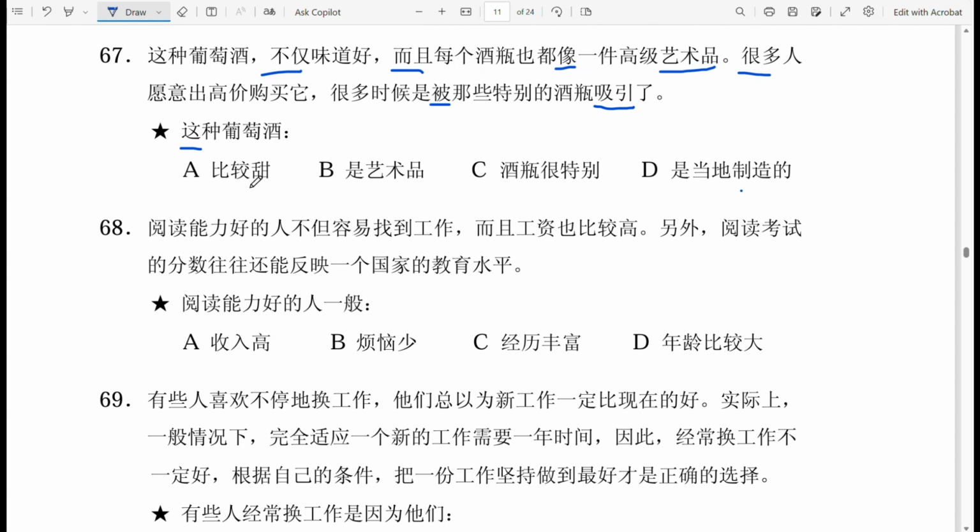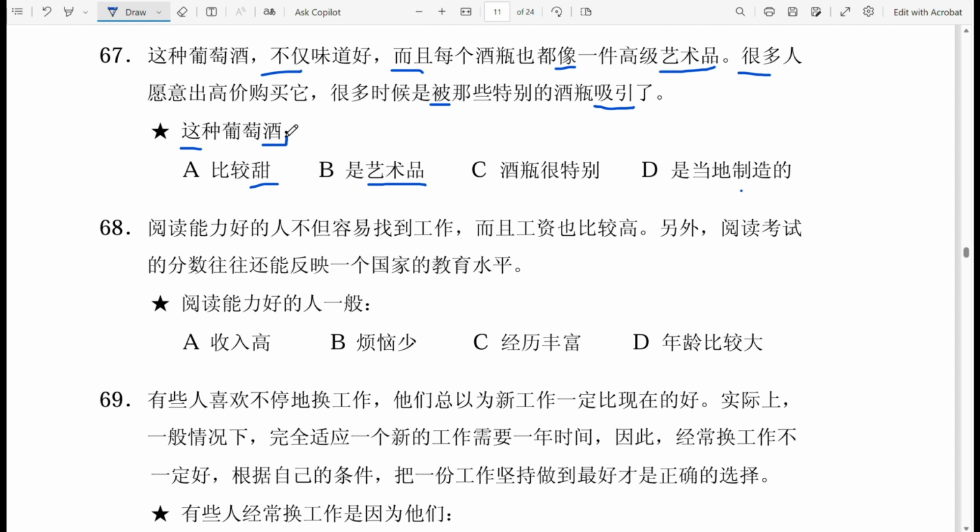There is no reference of it being sweet, so it is not answer A. What answer B mentions, so 艺术品, is also present in the text, but we need to be very careful here because it's asking us about the wine itself. What is a work of art is the 酒瓶, it's the bottle of wine, it's not the wine itself.